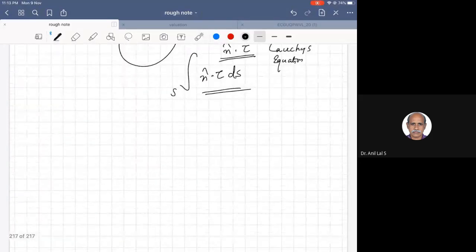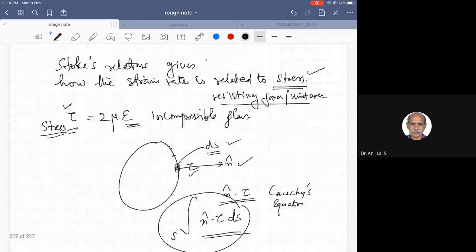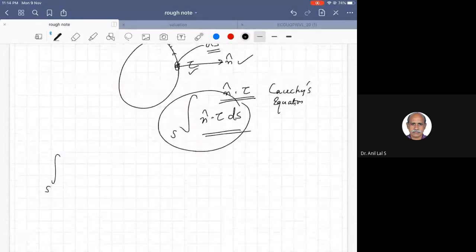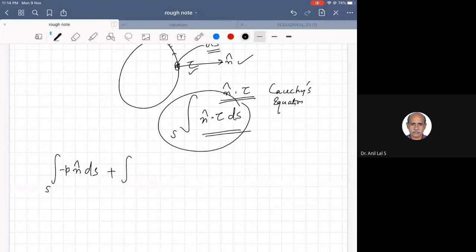So now the total force has this part, and earlier we have derived this one. So the total can be written as the integral over the surface of static pressure, minus p n dS, plus the integral over the surface n dot tau dS.